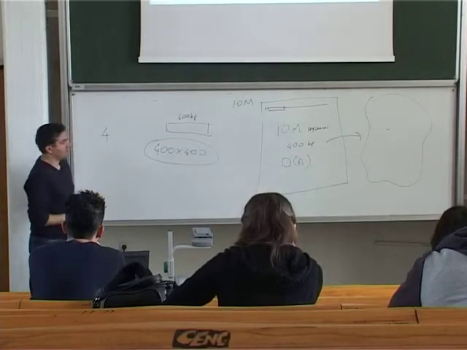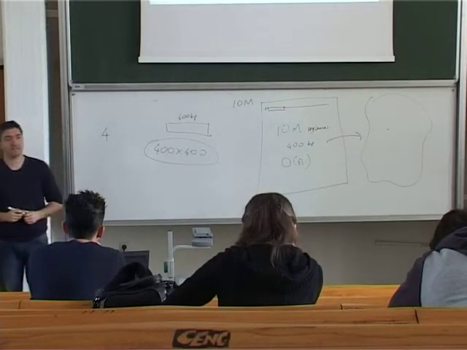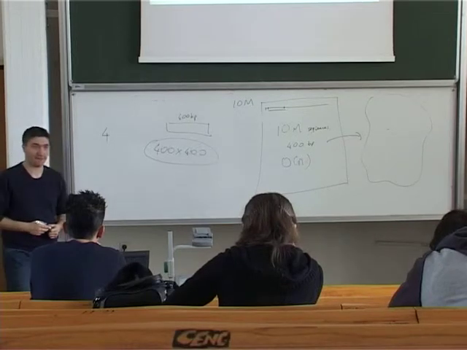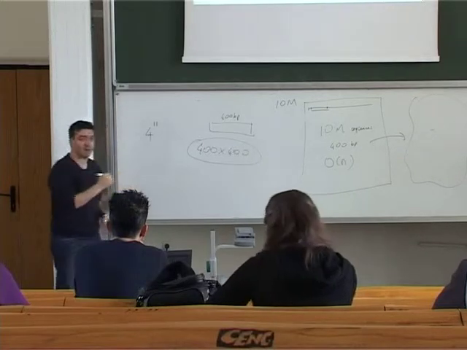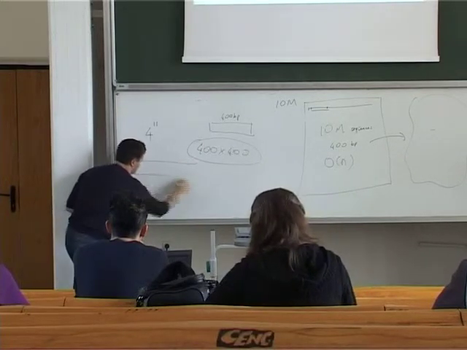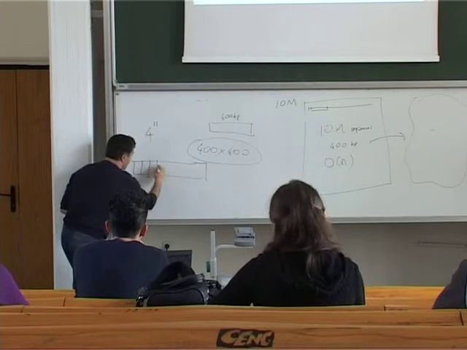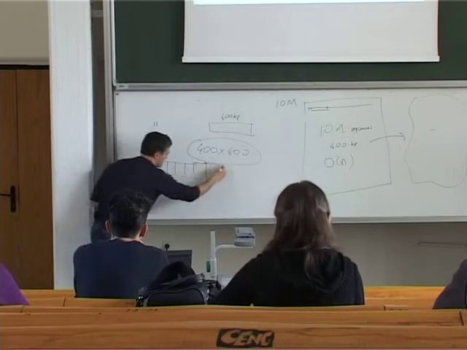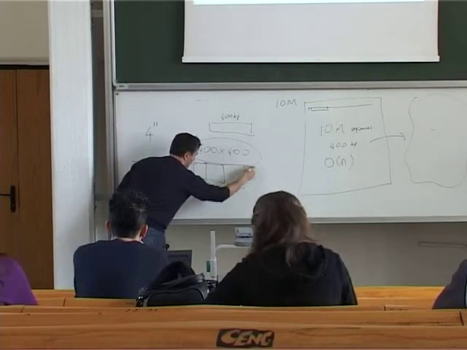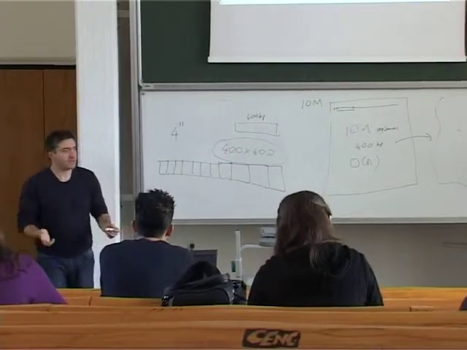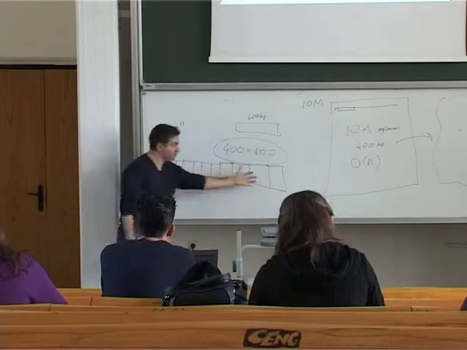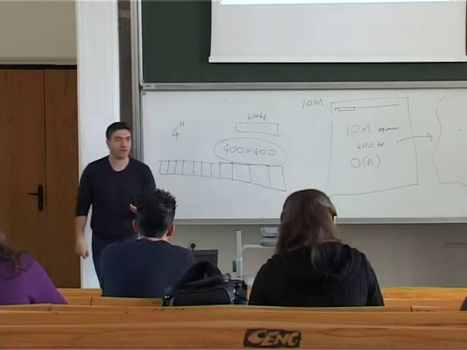how many different words can we have? It's 4 to the 11, right? Imagine you have a sequence of length 11. If you are dealing with DNA sequences, how many different such words can you have in your dictionary?